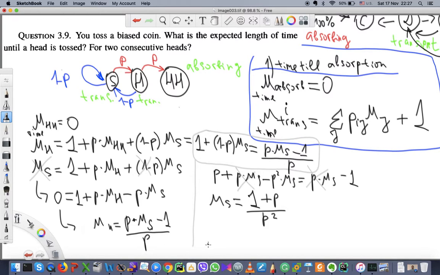The formula is mu from start S of n heads equals P to the power n, and here we have a summation of P to the I, where I goes up to n minus 1. So this is the formula.